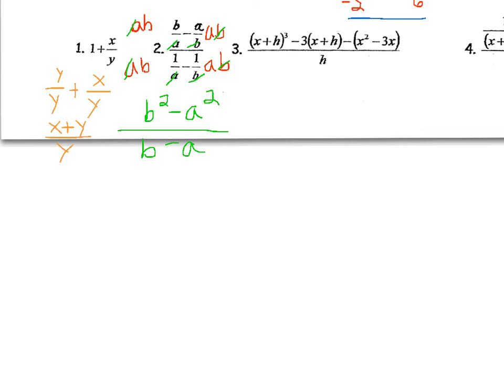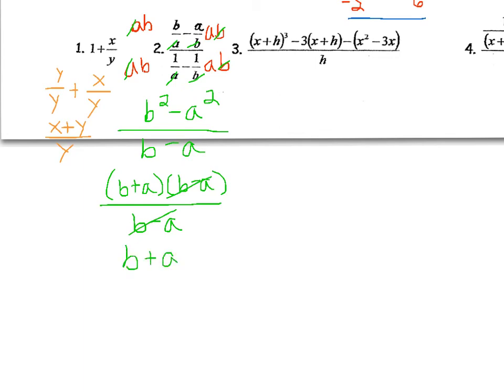We can further simplify this because b squared minus a squared is a difference of squares. So we'll write it as b plus a, b minus a, all over b minus a, and our b minus a's will cancel, so we're just left with b plus a, or a plus b.